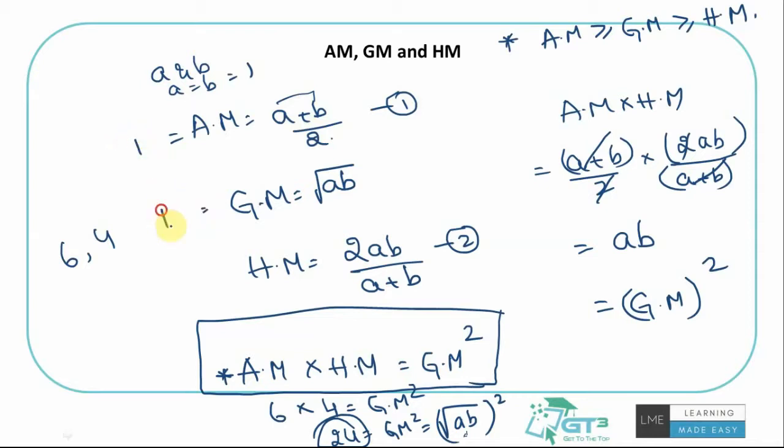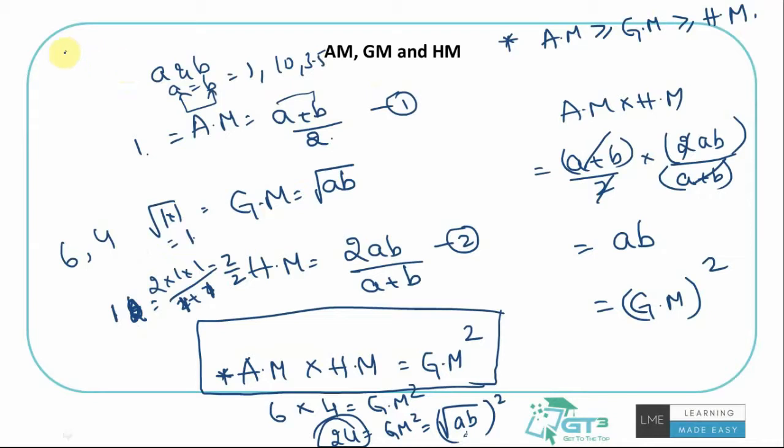Square root of 1 into 1 is again 1. Harmonic mean is 2 into 1 into 1 by 1 plus 1, which is again 2 by 2, which is 1. You see, arithmetic mean, geometric mean and harmonic mean are all equal only when both the numbers are the same. Not necessarily equal to 1, could be 10, could be 3.5, any value, but the rule is these two should be equal.